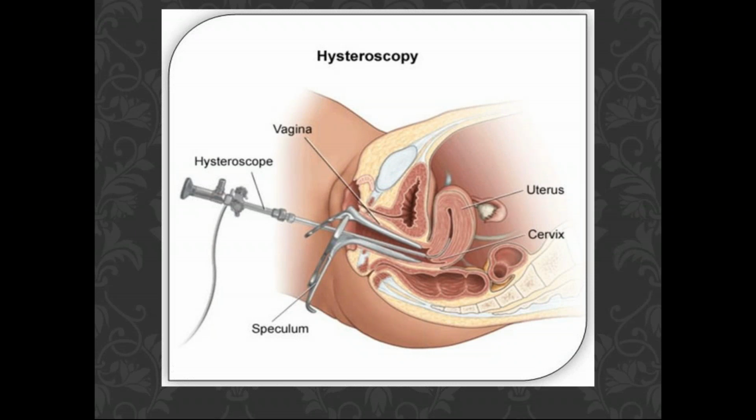Sometimes hysteroscopy is used as a sterilizing or contraceptive method, inserting a device to block the bilateral tubal ostia. Of course, also removal of foreign bodies, mainly an IUD embedded inside the myometrium.